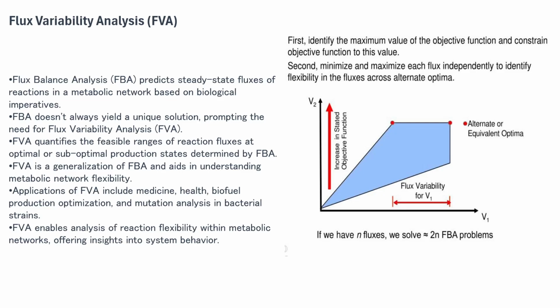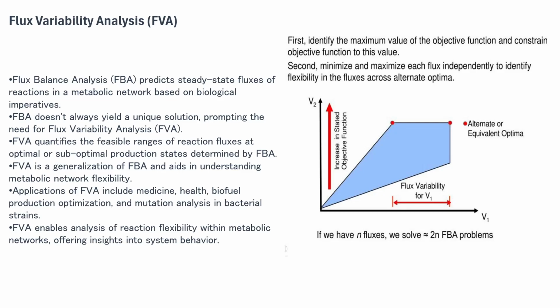FBA gives you a range of solutions, a particular area in solution space where all your optimal solutions are. But FVA quantifies these feasible ranges of reaction flux at optimal or suboptimal production states as determined by the FBA.